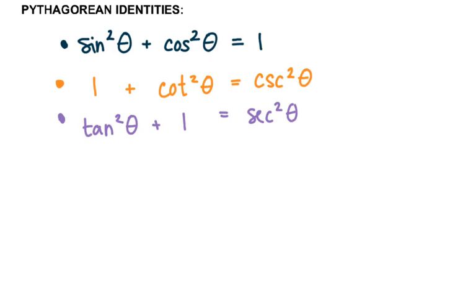So essentially, I have 3 Pythagorean identities. And what I'm showing you here is I just memorize this one, and then I know I can divide all of the terms by sine to get this second identity, and divide all of the terms by cosine to get the third identity. And these identities, they're not going to always appear in this order.